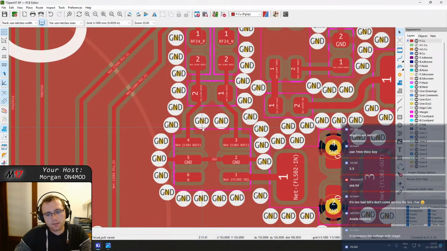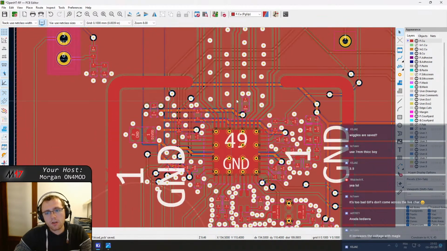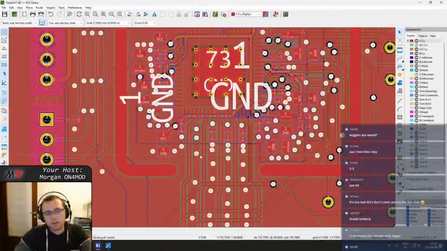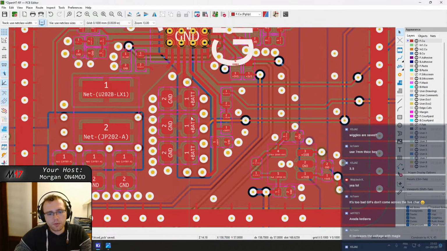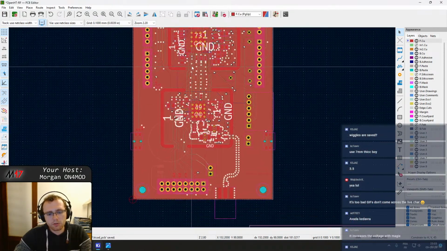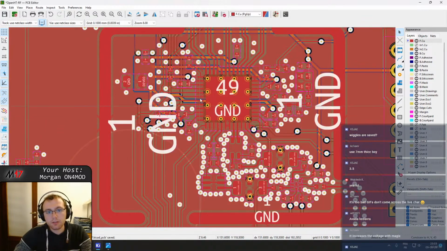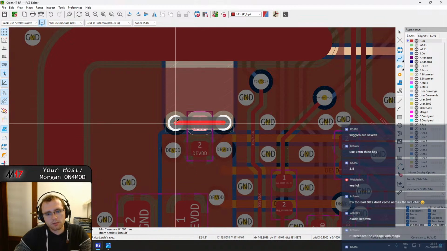Weird enough, I don't know if you remember that I had a problem with the ground pads under a shield. I had the same problem here, but it seems that here, there's not this problem. So, well, okay.